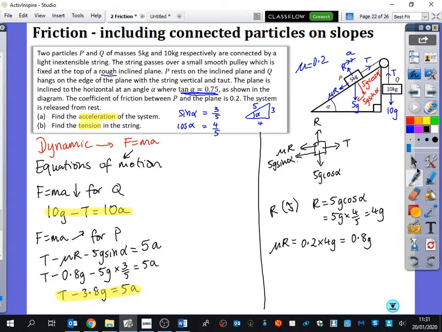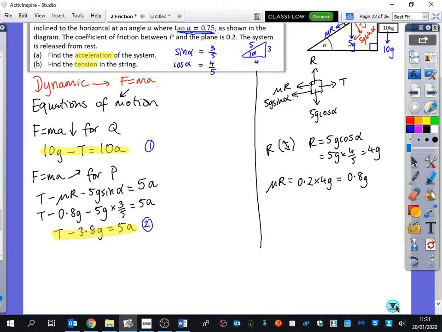I remember when I did these problems at your age, I always liked making T the subject, because that's my favourite way. So however you want to do them, you do them. But it's only now as a teacher I realise you can always add these together and they're always going to cancel, because one has the tension in a positive direction and one in a negative direction. So I'm going to call this one number 1 and this one number 2, and add number 1 and number 2 together.